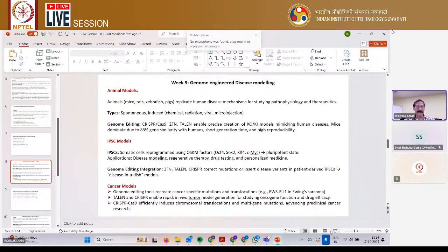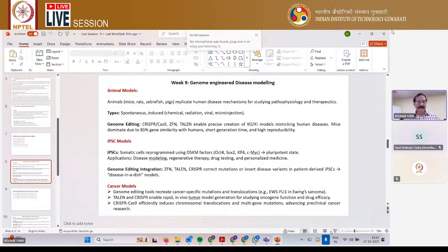Then we have induced pluripotent stem cells, which are basically somatic cells that are reprogrammed using OSKM factors, which are OCT4, SOX2, KLF4, and CMYC. And this converts the somatic cells into a pluripotent state. And using these, we can develop disease models or apply them for regenerative therapy, drug testing, and thereby gain insights into personalized medicine.